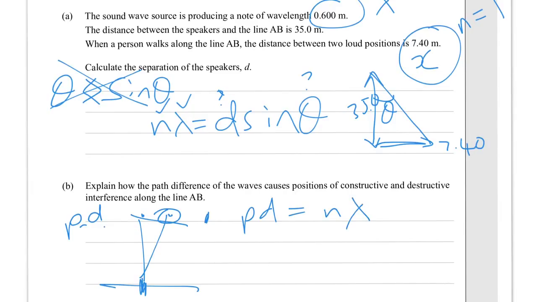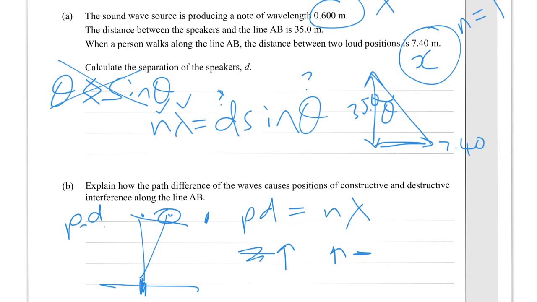So PD, path difference, is a certain number of wavelengths. And if your path difference increases, then your wavelength obviously can't change, but you're going to increase the position of the constructive or destructive interference.